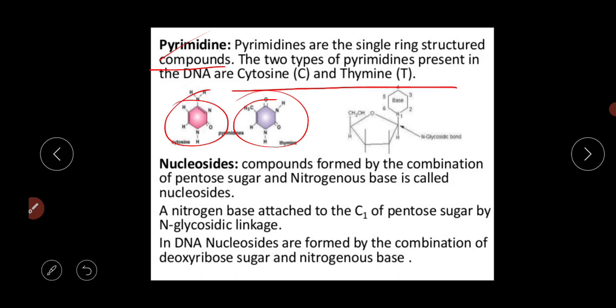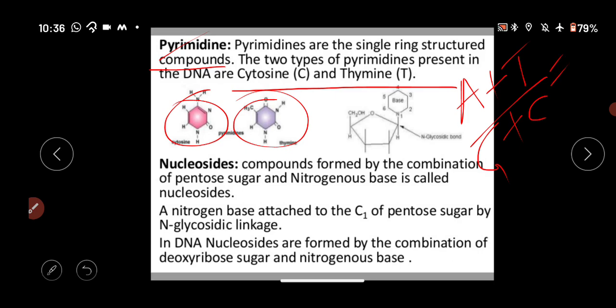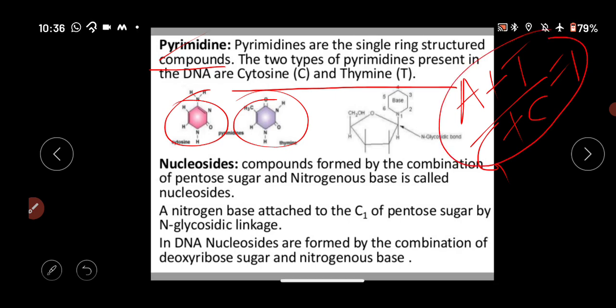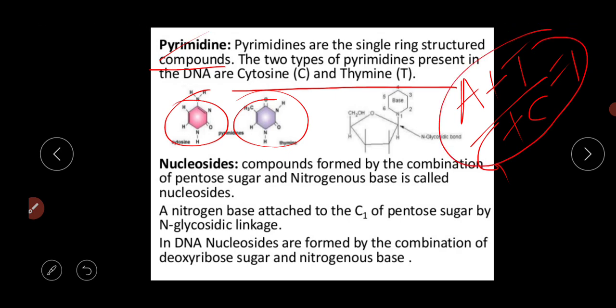It states that the ratio between adenine plus thymine and guanine plus cytosine will always be equal to 1. So A plus T by G plus C is always equal to 1.